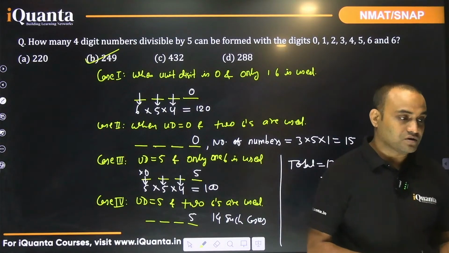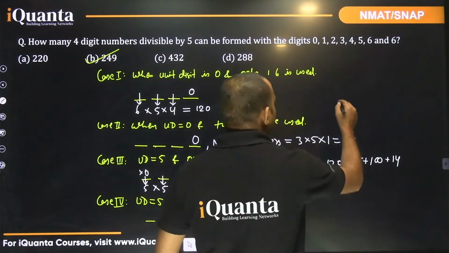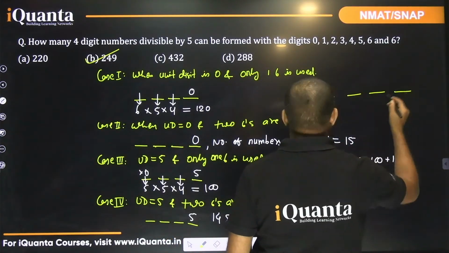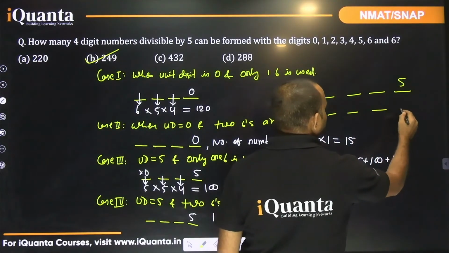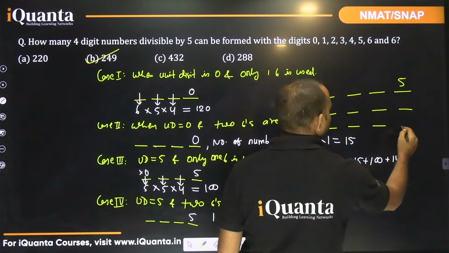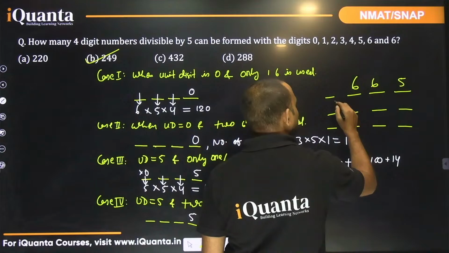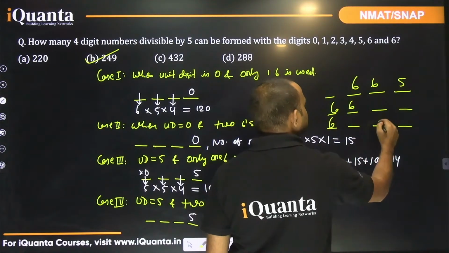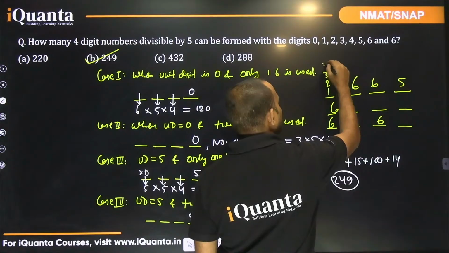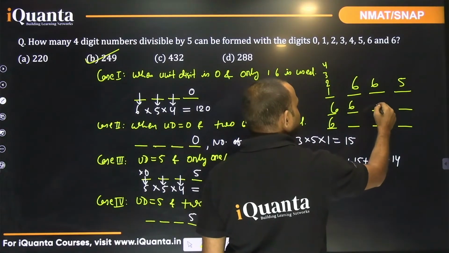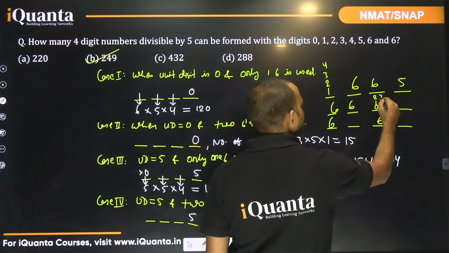Tell me, is there any doubt? Priyam, see, 1, 2, 3, 4. This place, 5 is fixed, right? If I put 6, 6 here, or 6, 6 here, or 6, 6 here, this value can be 1, 2, 3 or 4. Now this value can be 0, 1, 2, 3, 4.